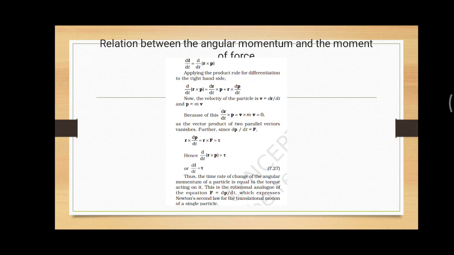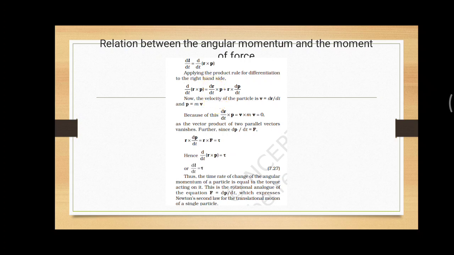So dr by dt is v, that is the rate of change of displacement, that is velocity, and the linear momentum p is m into v. So we get v cross m v, where m is a constant, so we have to consider only v cross v. You know that if you take the cross product of the same vector, the value will be 0. So the first term, dr by dt cross p, will become 0.